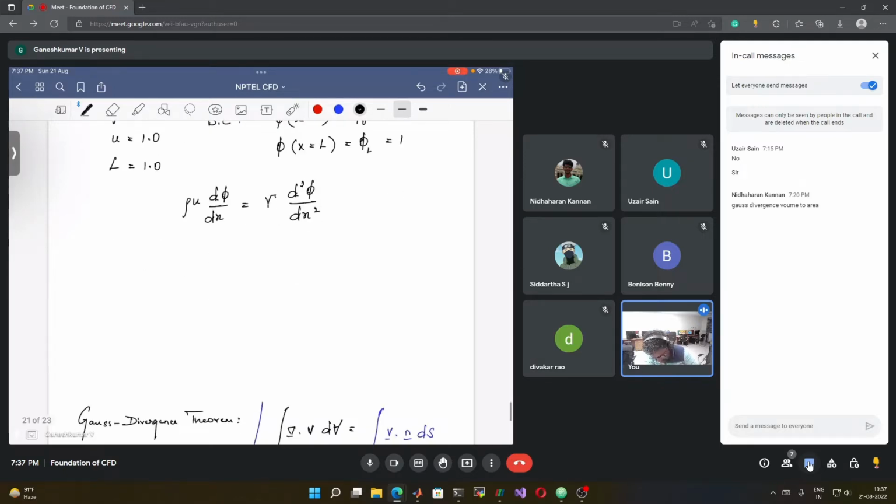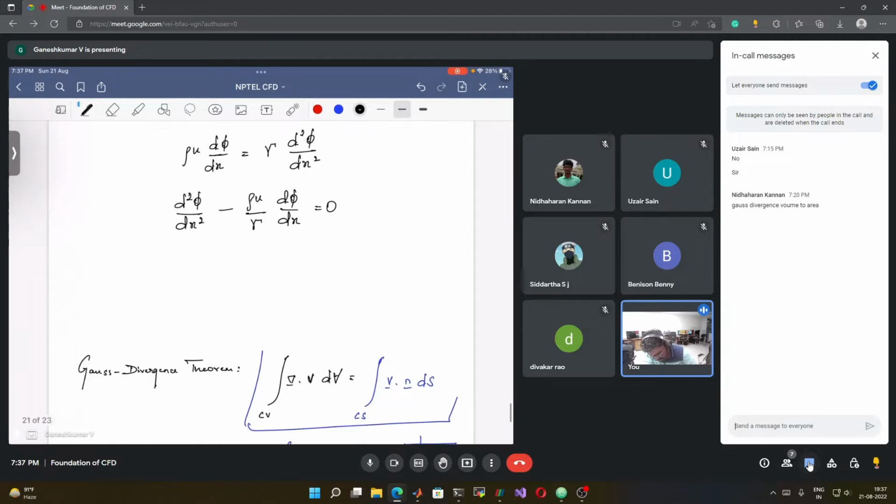If I rearrange it, what will I get? d square phi by dx square minus rho u by gamma times dphi by dx equal to 0. So we will assume a constant a, which will be rho u by gamma.